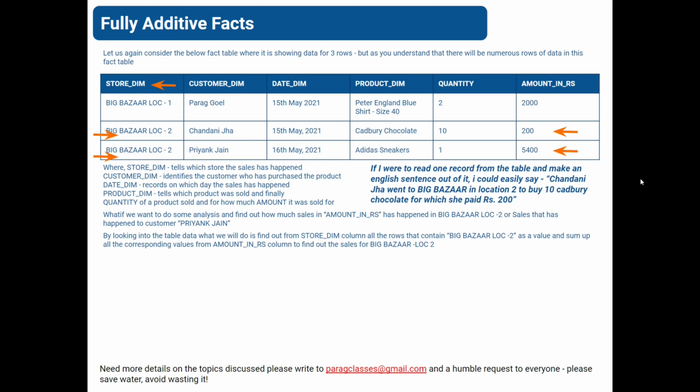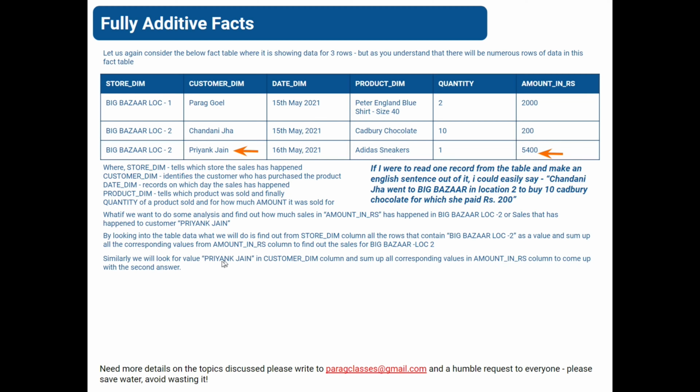To find out the answer for the first question, how much amount of sales has happened in Big Bazaar location 2, by looking into the table data, what we will do is find from the store dimension column all the rows that contain Big Bazaar location 2 as the value, and sum up the corresponding values from the amount in rupees column to find out the sales for Big Bazaar location 2.